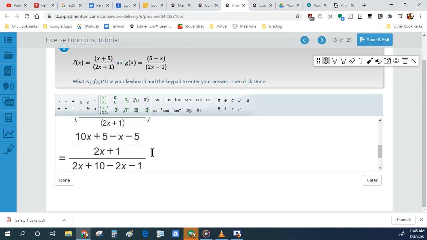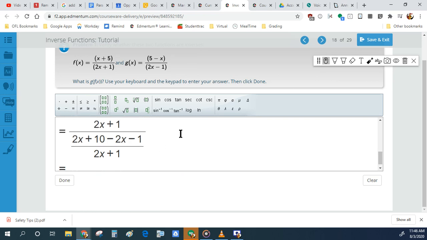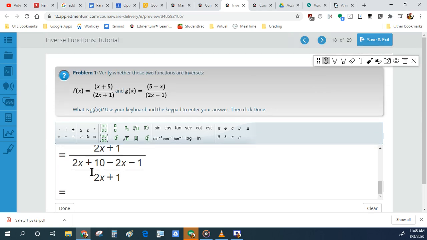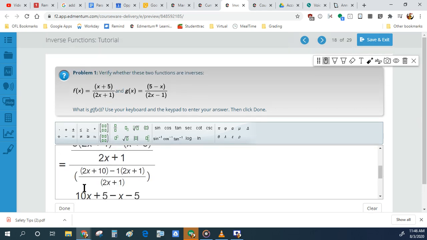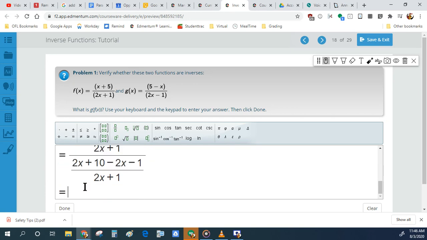equals, I'm going to simplify this. I'm going to do 2 steps. I'm going to reciprocate the bottom and simplify any terms just to kind of save some steps, guys. I don't know why they gave you one so big for this. I'm sorry. So here 10x minus x is 9x, so we have 9x by itself here.